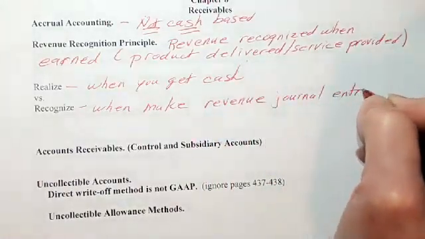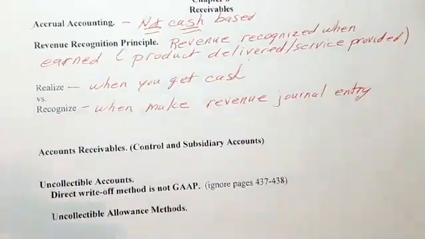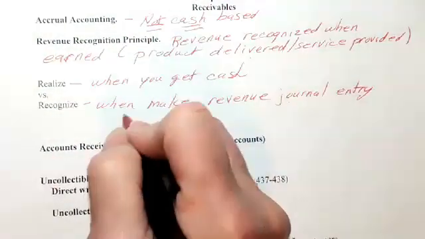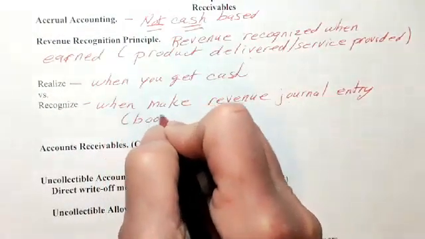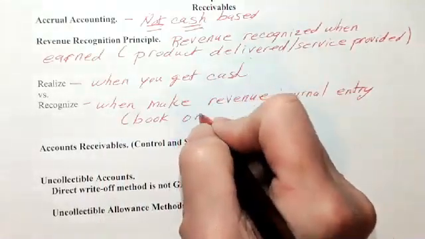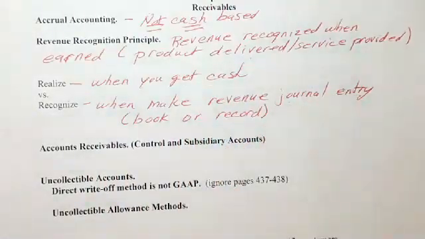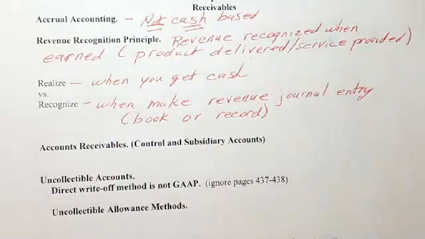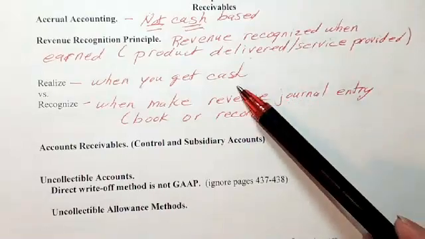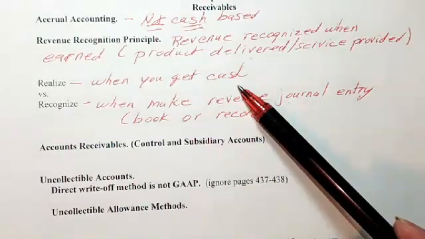Really goes to expenses too, but you talk about it mostly with revenue. And another way to say that is it's when you book it or record it as revenue. You normally, with an account receivable, you're going to recognize the revenue when the product is delivered, but you're going to realize it when the customer actually pays you.